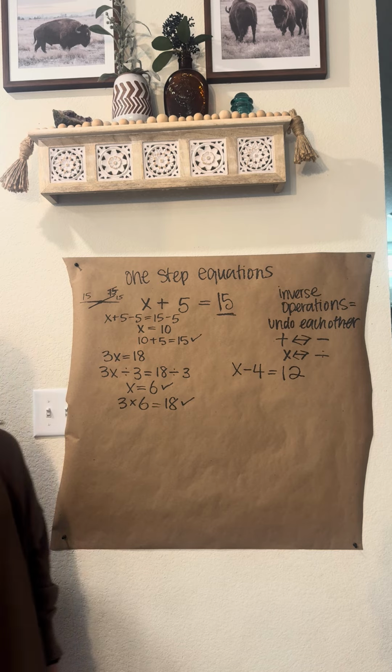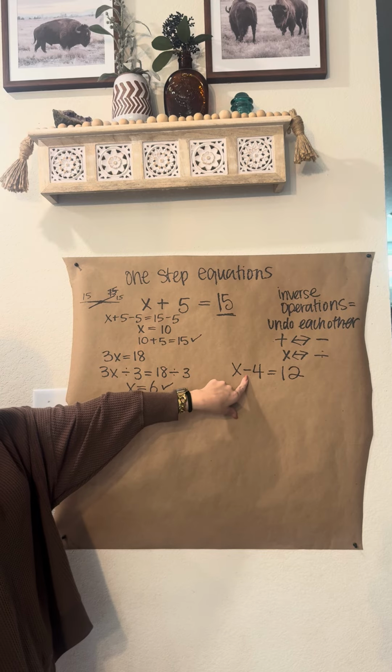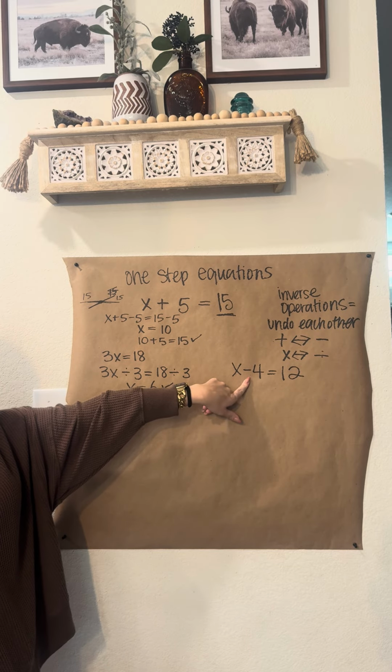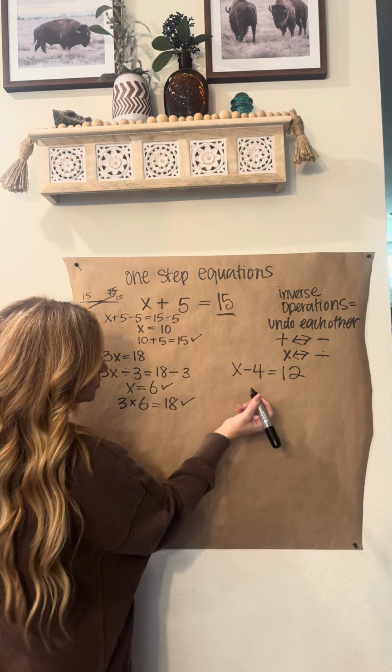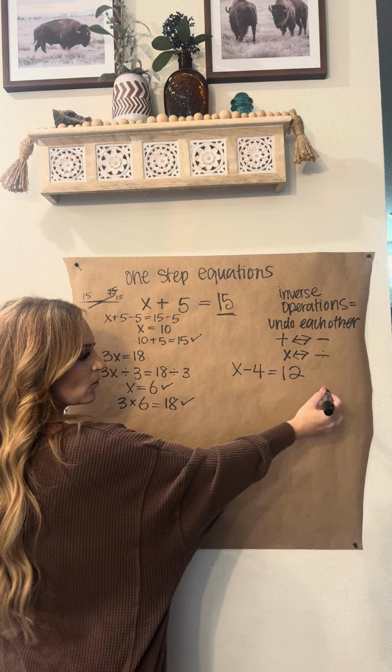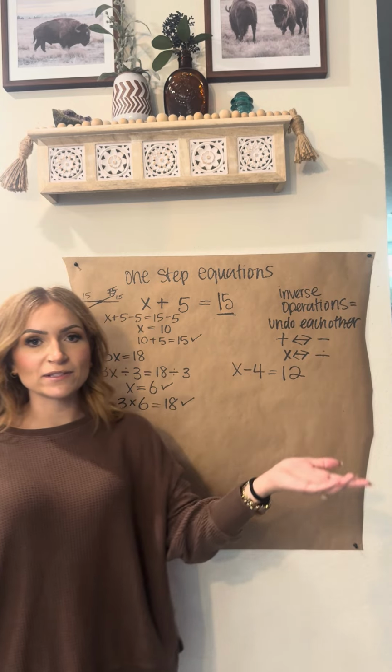So what are we gonna do here, everybody? Inverse operation, subtraction. What's the inverse? It's addition, right? So we're gonna need to add 4 to both sides to keep that weight nice and balanced.